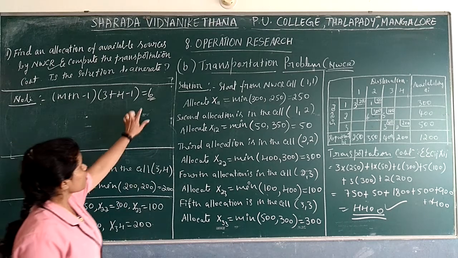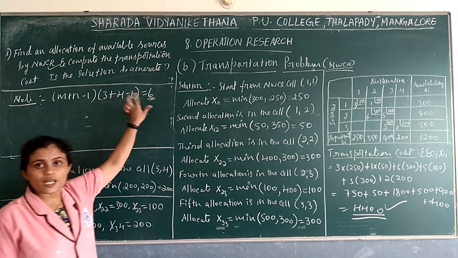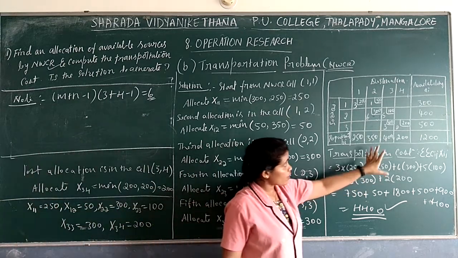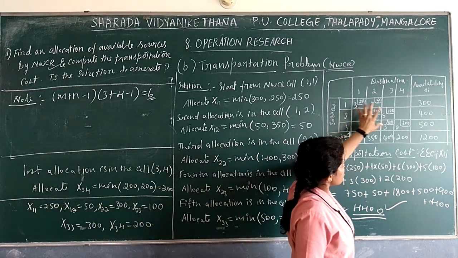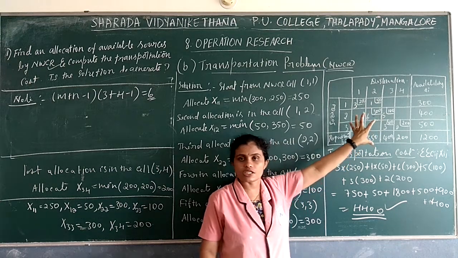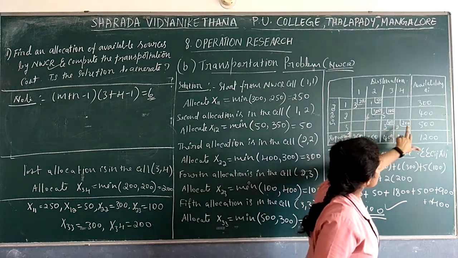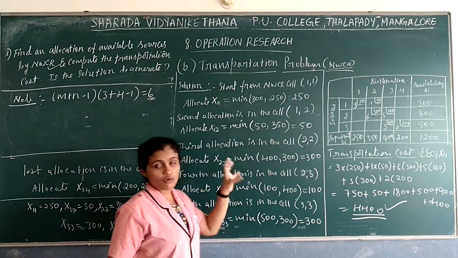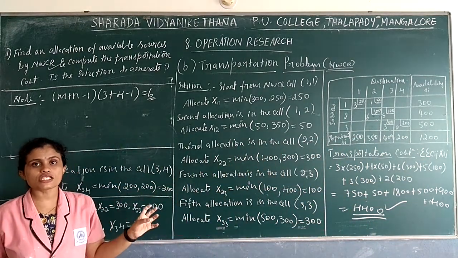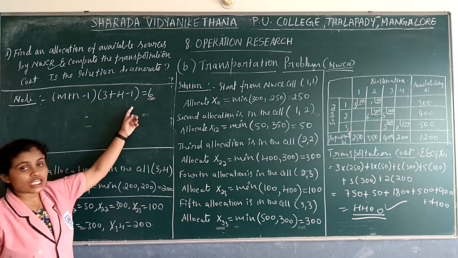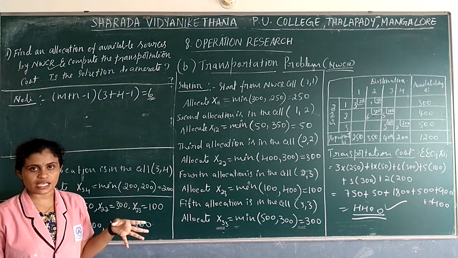Now you have to check whether the number of non-zero allocations equals m plus n minus 1. Non-zero allocations means allocations more than 0. How many allocations have we done? 6 allocations. Now you have to check whether the number of non-zero allocations is less than or more than m plus n minus 1.